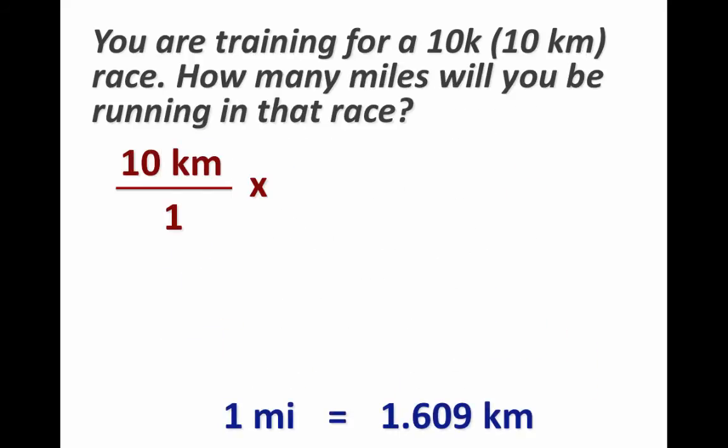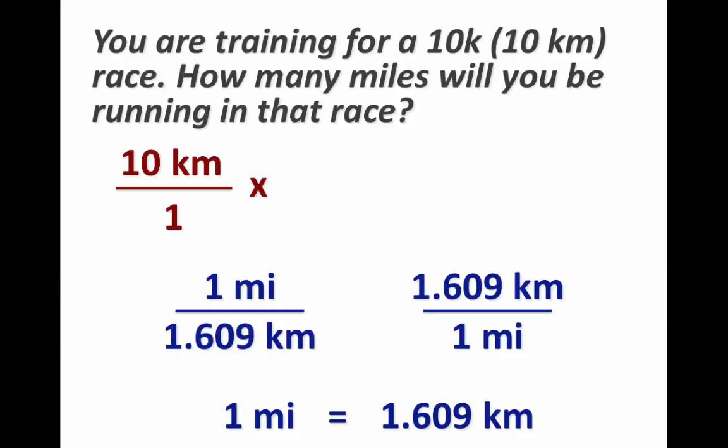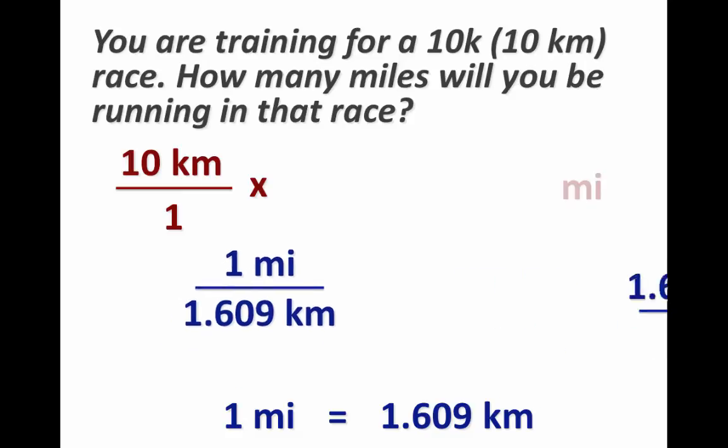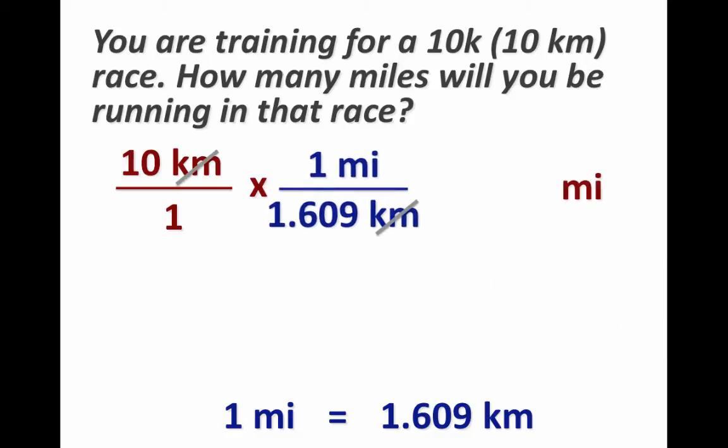Now, in order to get the kilometers in my given to cancel, I see how I must arrange that ratio. I put 1 mile on the top and the 1.609 kilometers on the bottom so that the kilometers cancel. This means to get my answer, I should divide 10 by 1.609, and the answer is 6.215 miles.